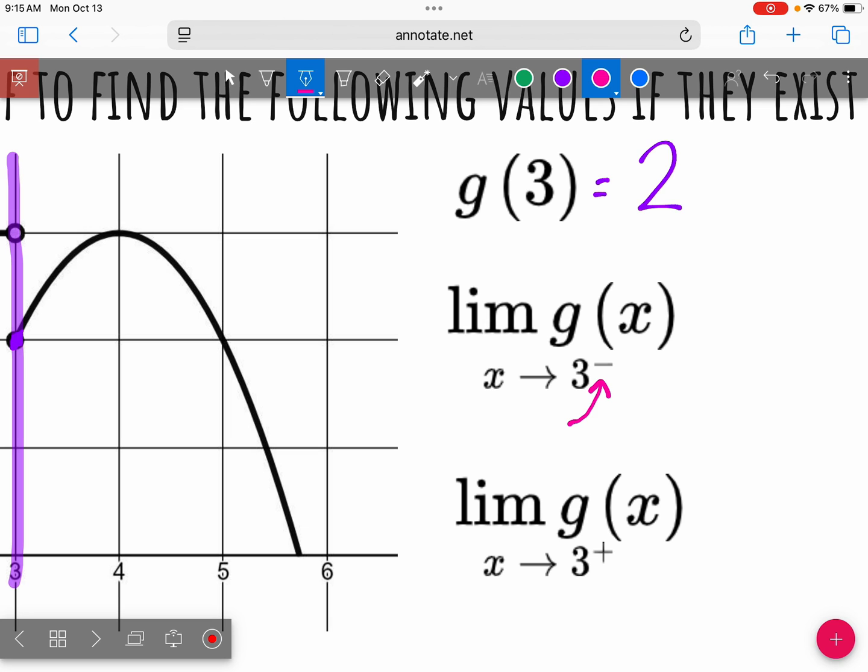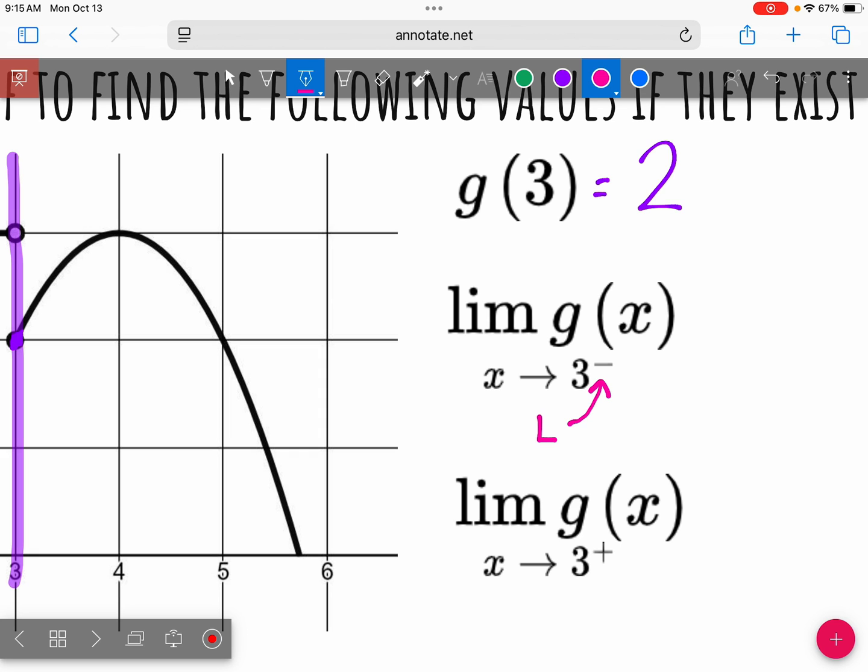Now we want to know the limit for g of x as x approaches 3 from the left. When we have the little minus sign, remember, when in doubt, the minus sign is negatives. Negatives are on the left side of the number line. Positives are on the right side. That's what we mean by from the left, from the right.